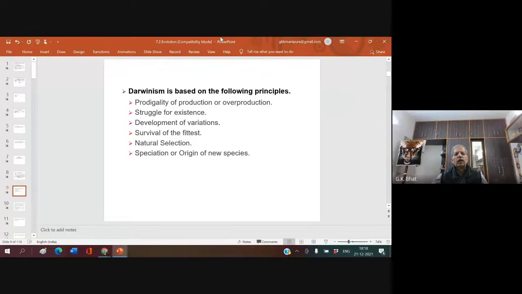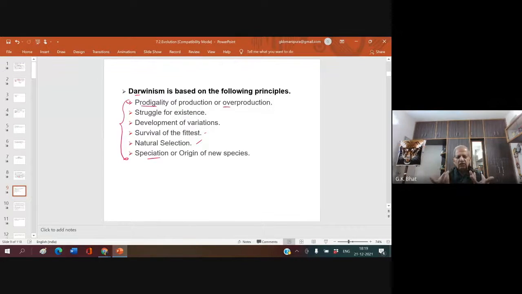You must know about them. These are all propositions of Darwin. So the first one is prodigality of production or overproduction. This is followed by struggle for existence, then development of variation, which is followed by survival of the fittest, natural selection, and finally speciation.